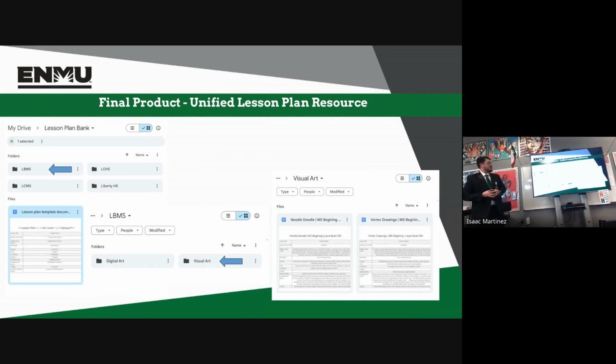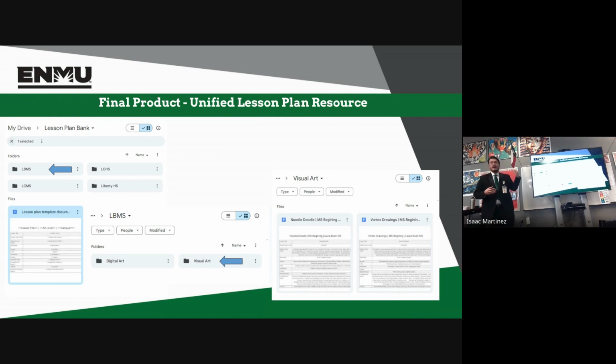And again, this is a little bit of a breakdown of how the folder system would work in Google Drive. So you would start out with, say you work here at LBMS, click on your LBMS folder, transition over to Visual Arts, click on Visual Arts, and then you would have all of your lesson plans laid out for you. All you have to do is just go in, click which one you want, and then you have all the information you need.